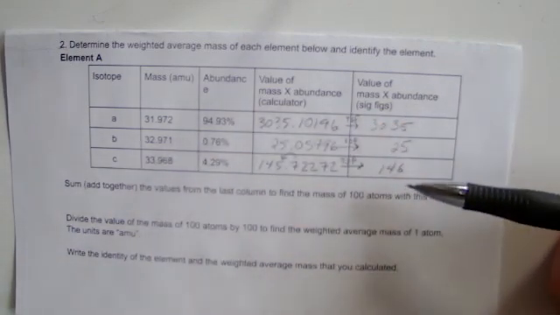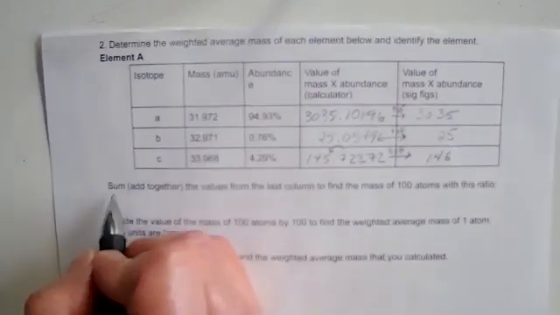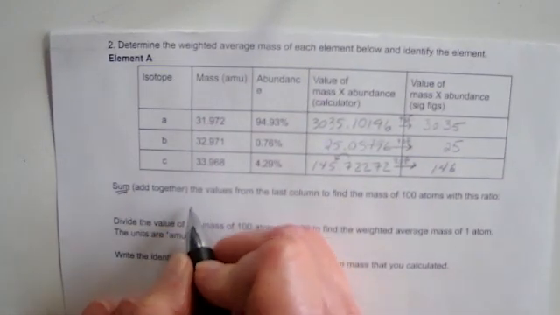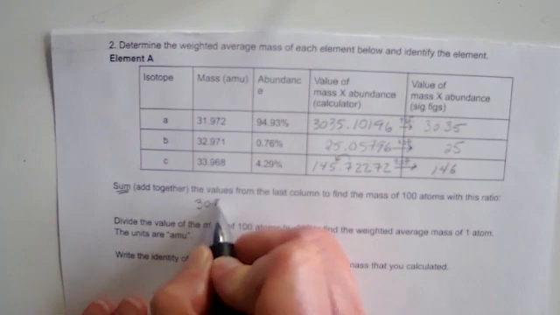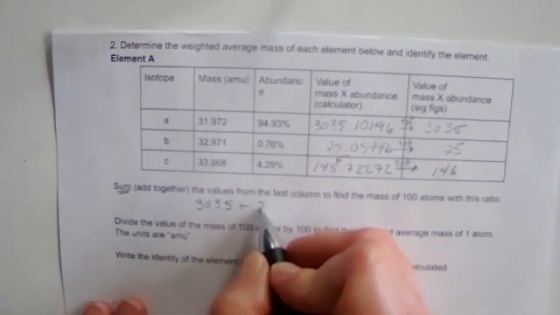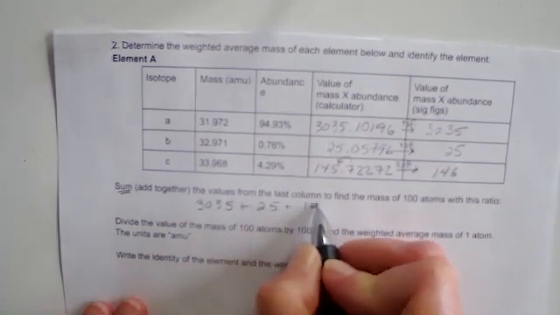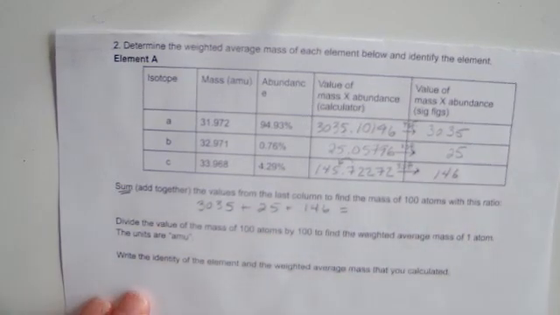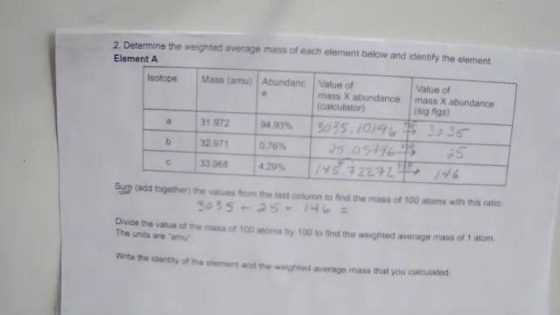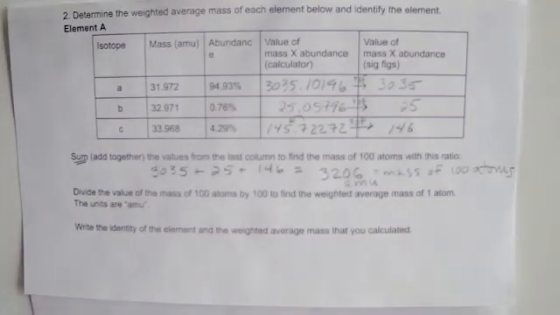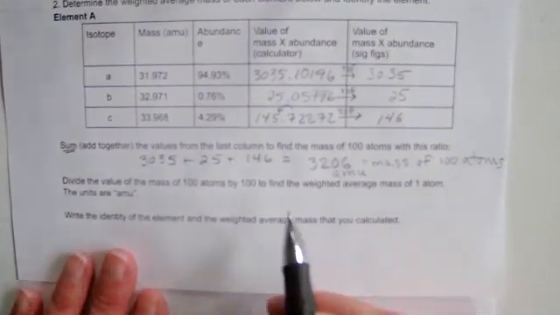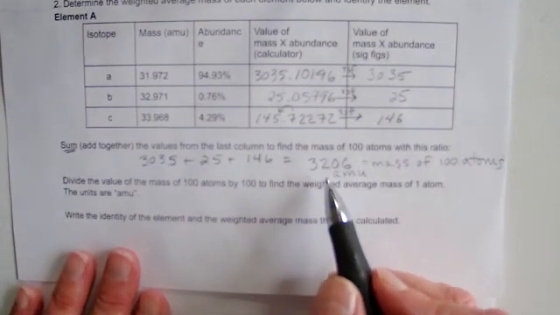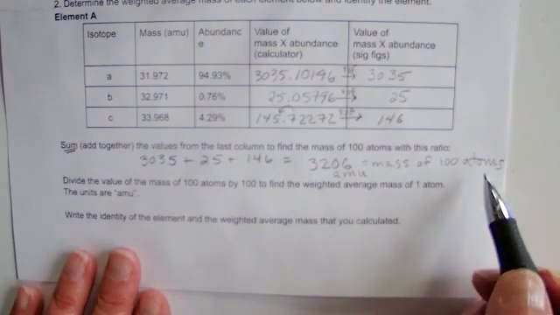So in order to get the total mass for these 100 atoms, potentially, we need to add those together. So that's what this sum part is. We're going to add together 30.35 plus 25 plus 146 to get the mass of those 100 atoms. So you go ahead and do that. Okay, so for that value, when I add those together, I get 3,206 AMUs. That's the mass of 100 atoms.